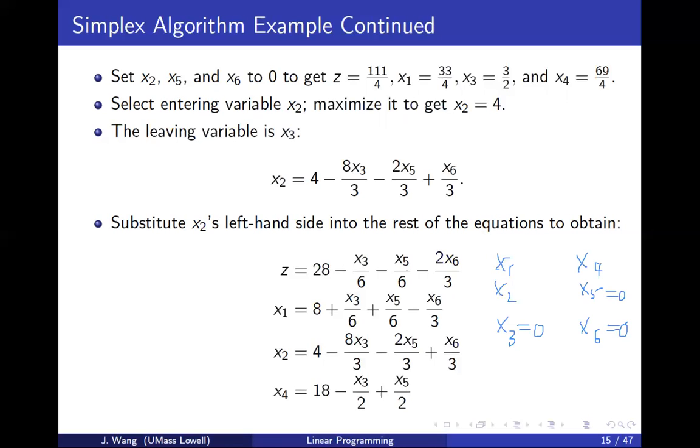Okay, so what we're going to get here is x1, which is equal to 8 when these are set to 0. x2 is equal to 4 when it's set to 0. And x4 is 18. But these are slack variables, we don't really care.